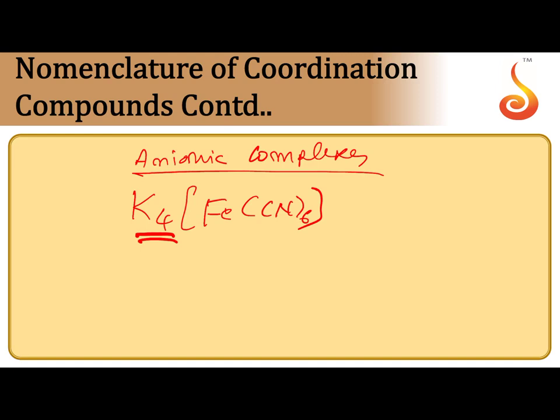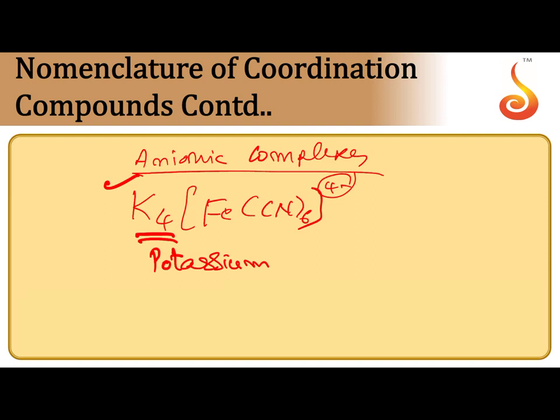Here the counter ion is a cation. 4 units of negative charge are present. So for anionic complexes, first you write the name of the counter cation without mentioning the number. Here the cation is potassium. Don't write tetrapotassium. Potassium.